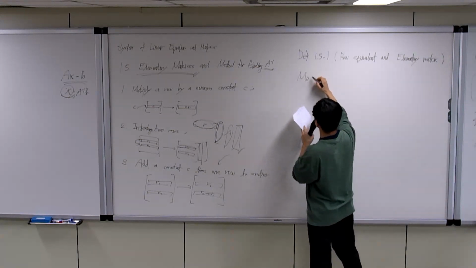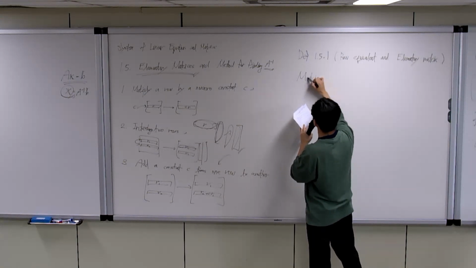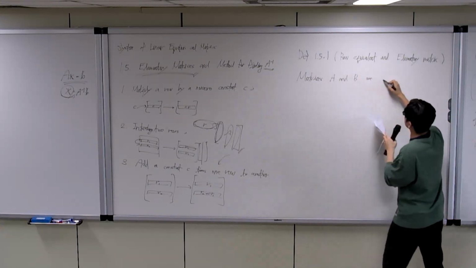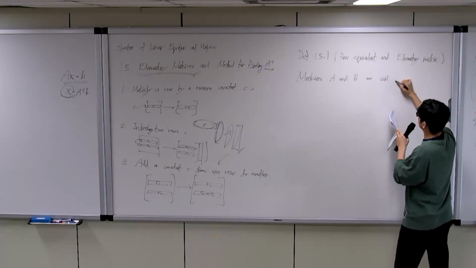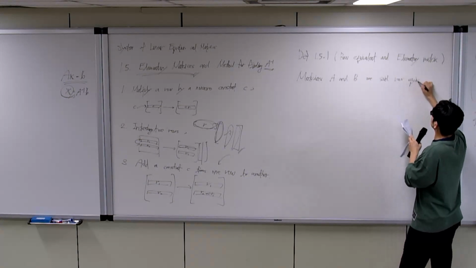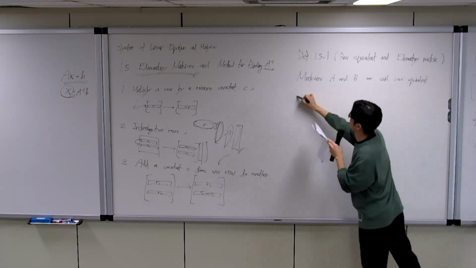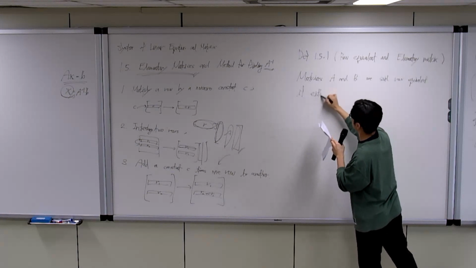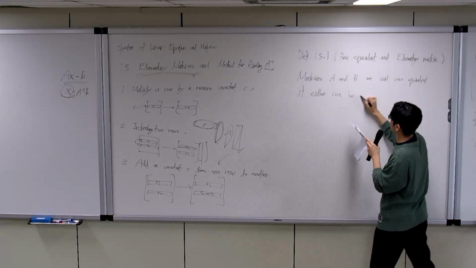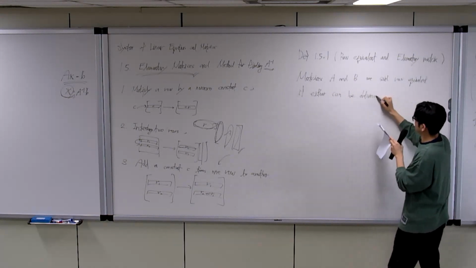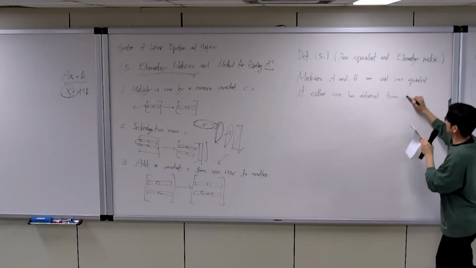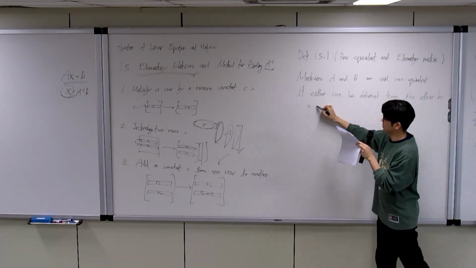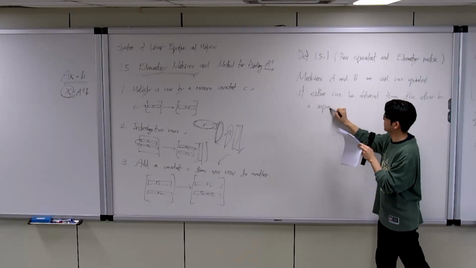First, the matrices A and B are said to be row equivalent if either can be obtained from the other by a sequence of elementary row operations.